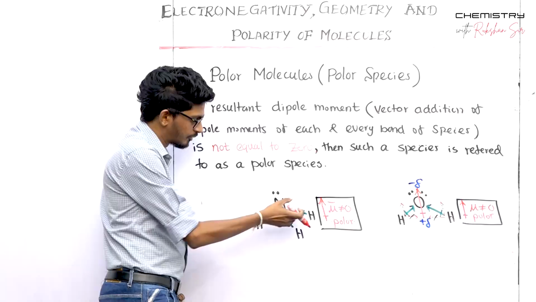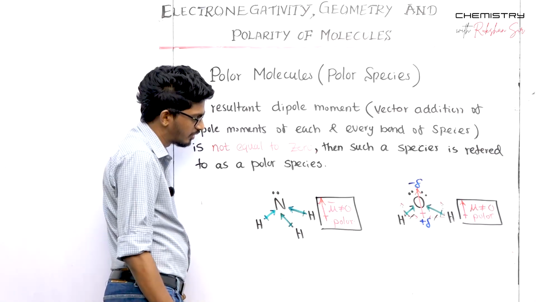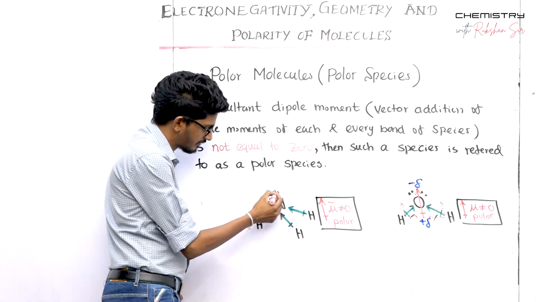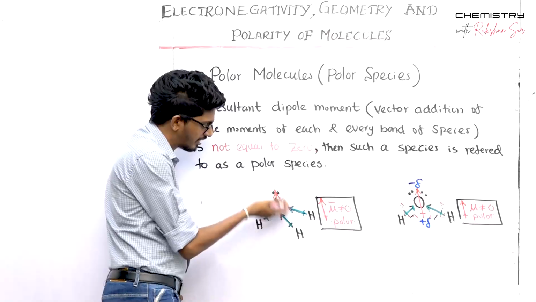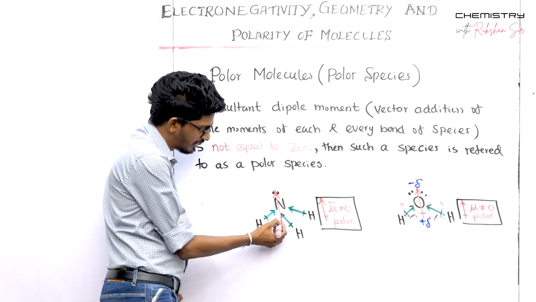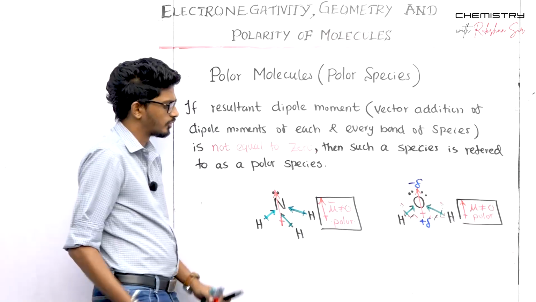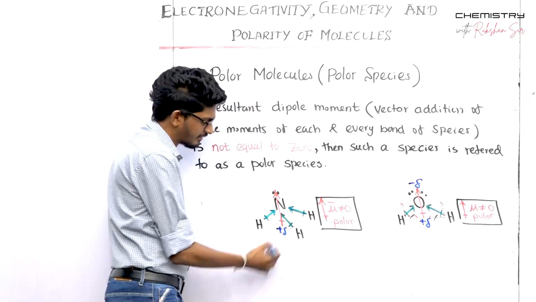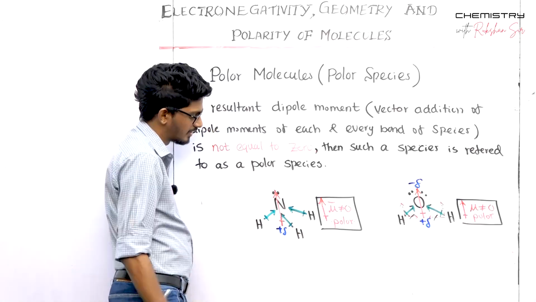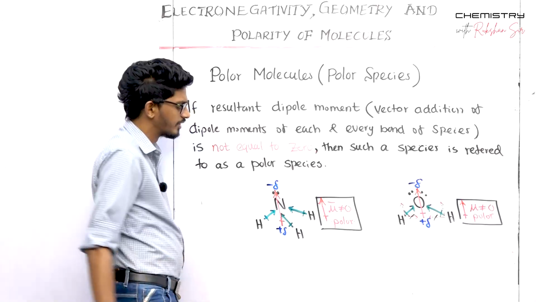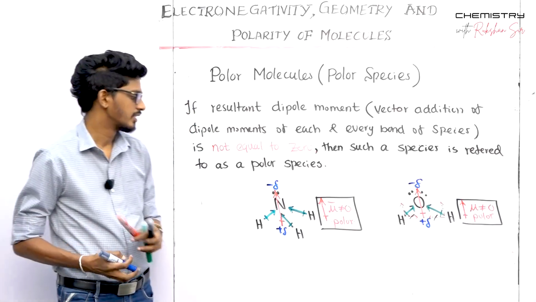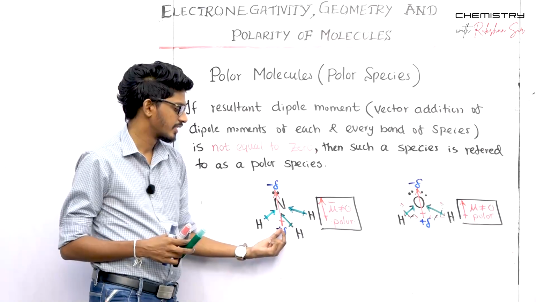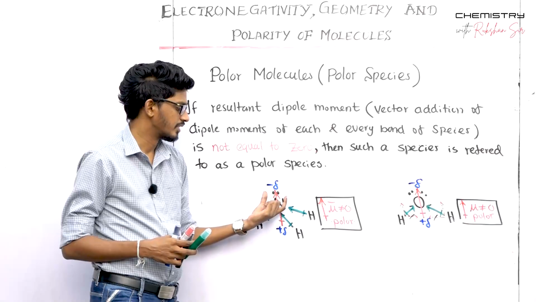As the horizontal components cancel off, the net dipole moment will appear like this, with the vertical components pointing upward. So your positive terminal is at the center of the three hydrogens, and the negative terminal is on the nitrogen. That is the polarity of NH3.